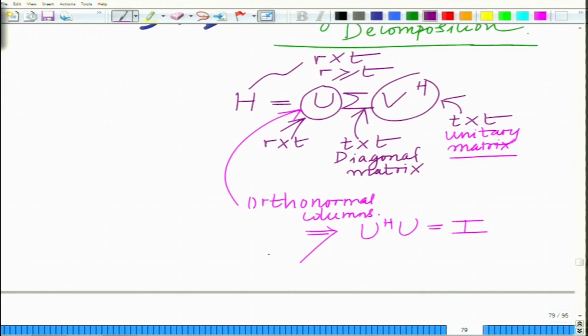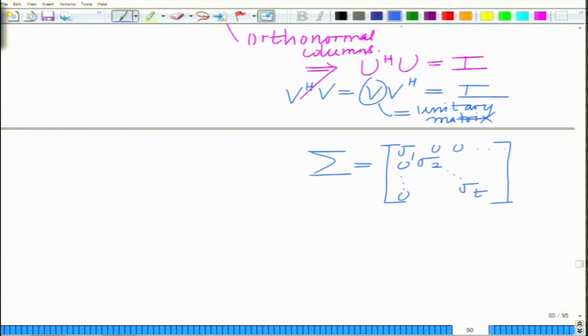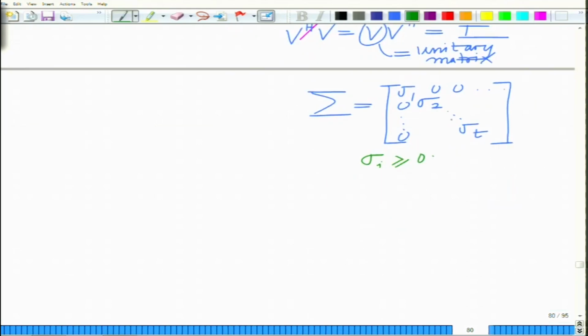V is a unitary matrix, which implies that V Hermitian V equals V V Hermitian equals the identity. Further, sigma is a diagonal matrix of what are known as singular values: sigma 1, sigma 2, up to sigma T. Each sigma i is non-negative, that is, greater than or equal to 0, and they are arranged in decreasing order: sigma 1 is greater than or equal to sigma 2, and so on, down to sigma T.